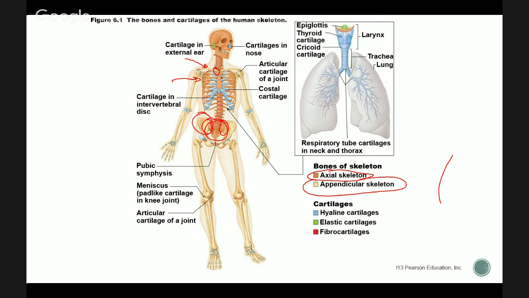Also on this picture, they're showing you the different types of cartilages. I don't really need to review the cartilages with you because I know we covered them to quite an extent in the tissues, right? We talked about the three different types of cartilage: hyaline, elastic, and fibrocartilage.